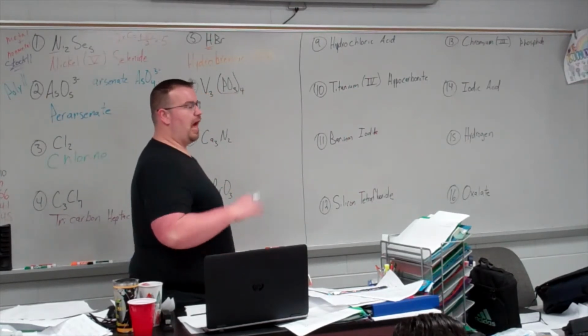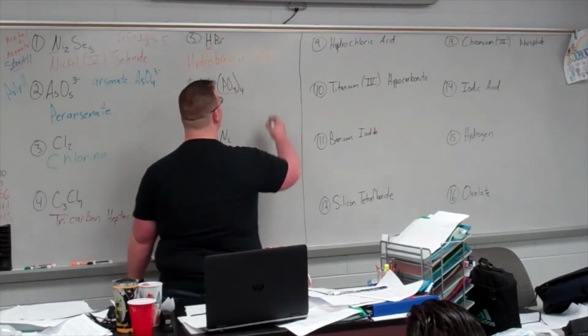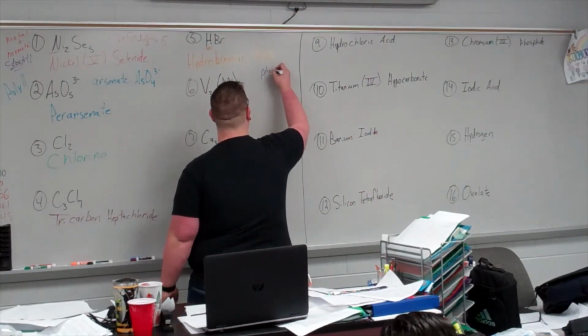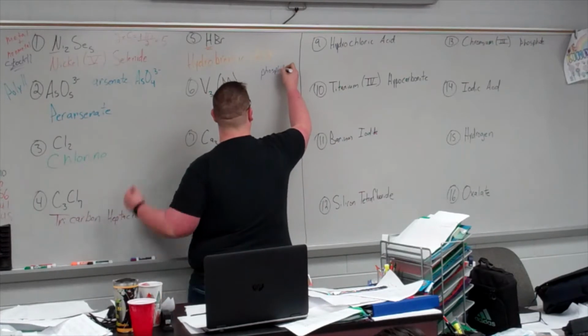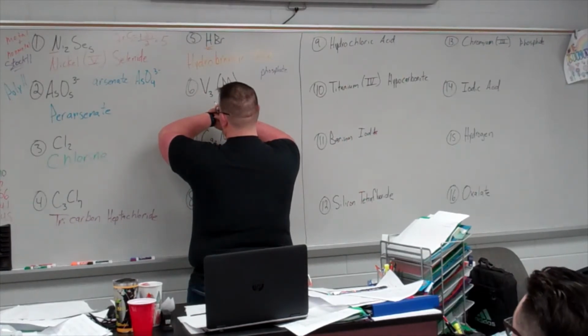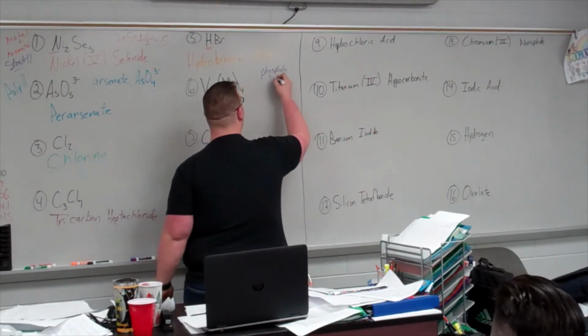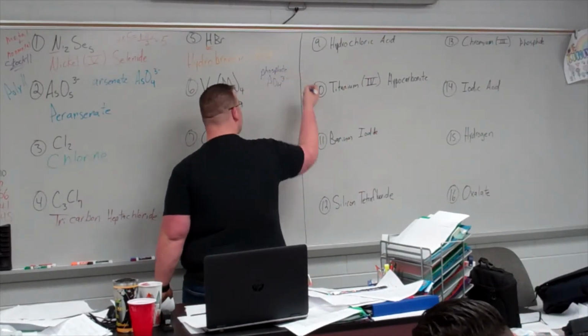oxyanion rules. I'm going to the root ion first, phosphorus and oxygen. I know phosphate. Phosphate is PO4 3 negative.